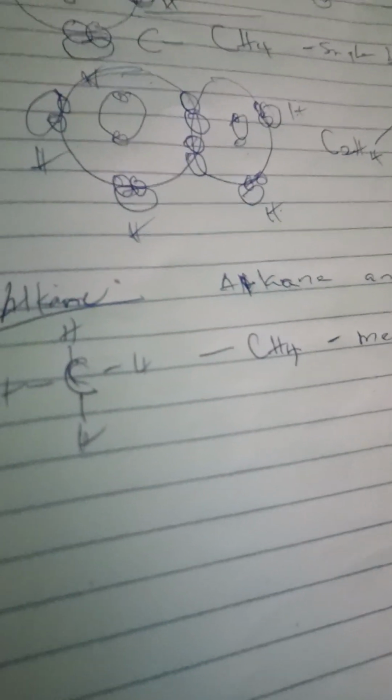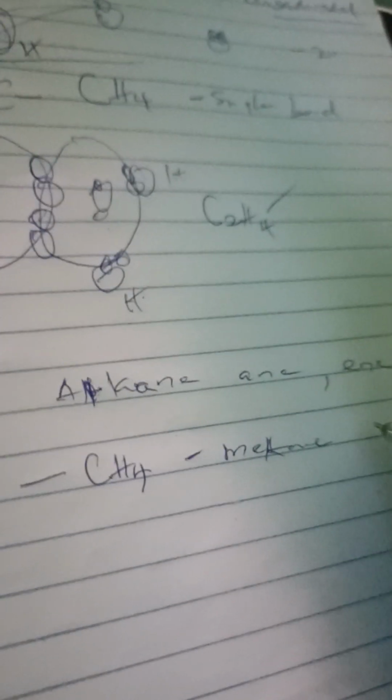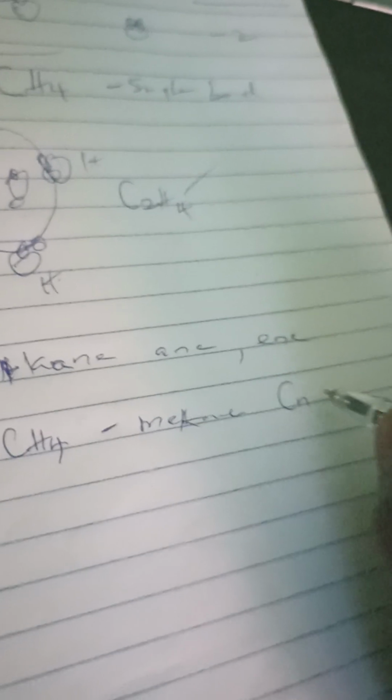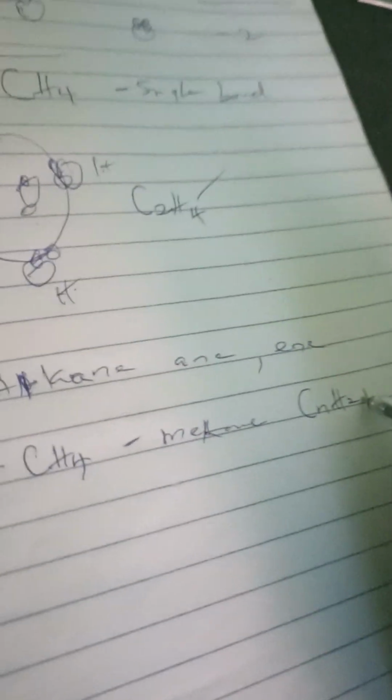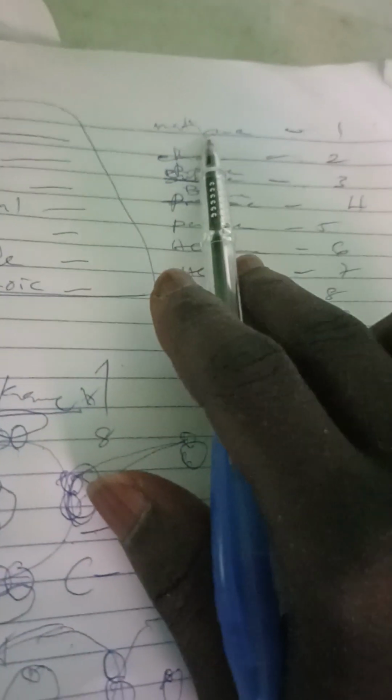also? As part of the property of homologous series, they have a general formula. For the alkane family, it is CnH2n plus 2. If you want to use the formula to get this, for methane, n is 1.